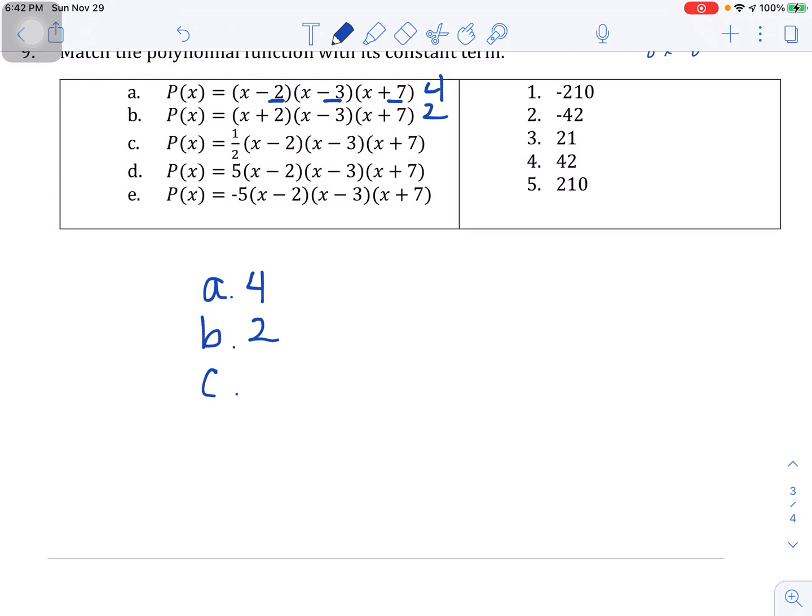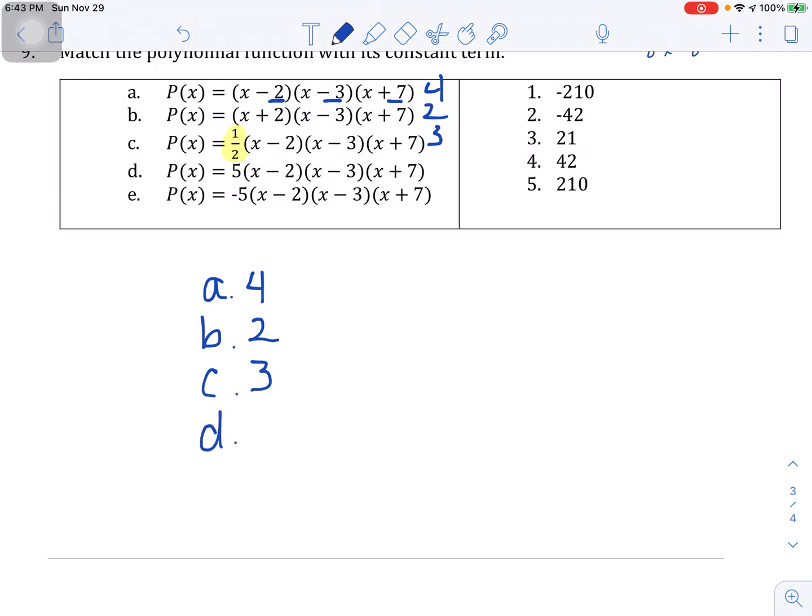C, 1/2, we have to include that 1/2 now, times negative 2 times negative 3 times 7 would be 1/2 times positive 6, which is positive 3 times 7, which is 21, so that's choice number 3.